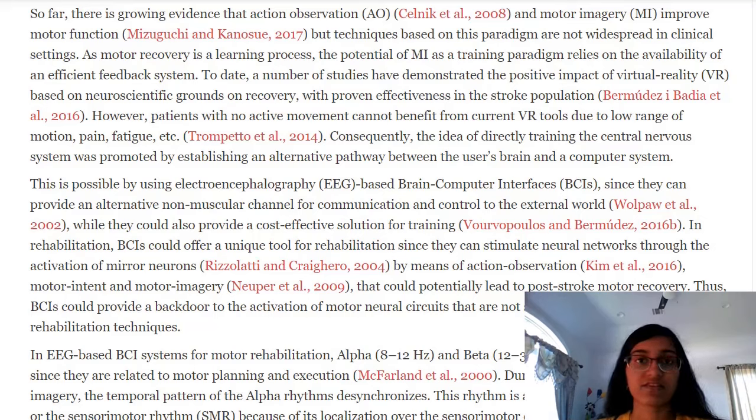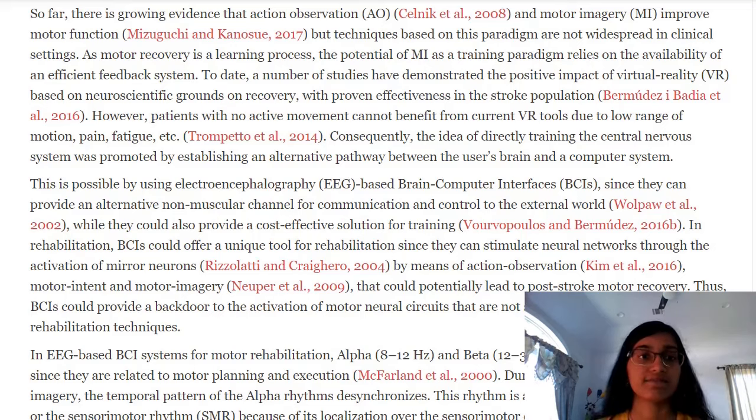A lot of athletes, for instance, when they're injured, may do image training in which they imagine the techniques they would have to use and imagine themselves executing a particular action instead of actually performing it in practice. So this can be used to improve motor function, but is not typically used for rehabilitation.